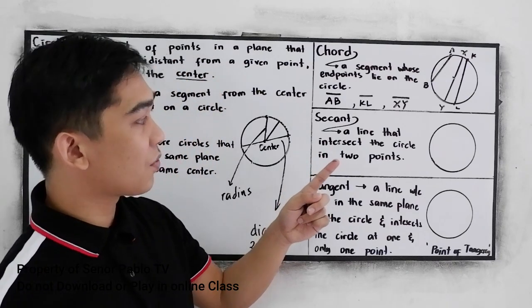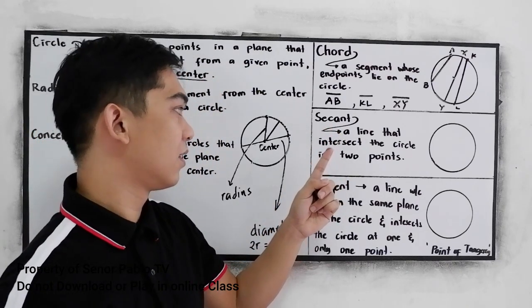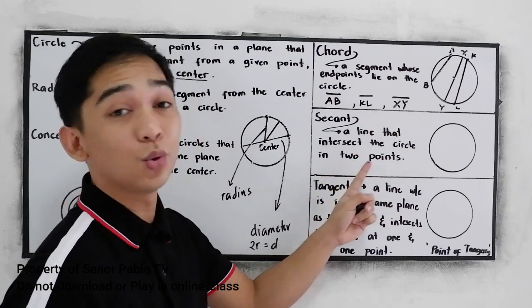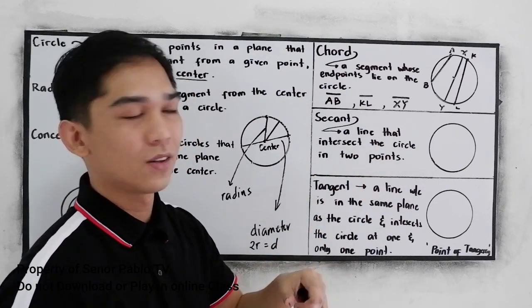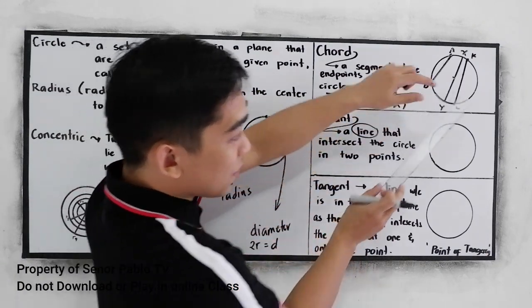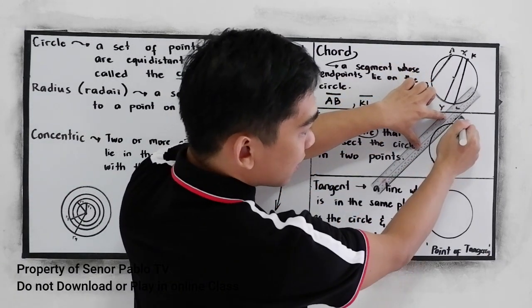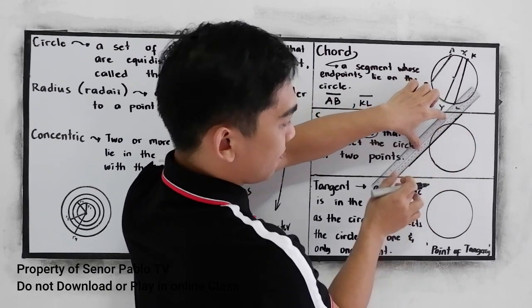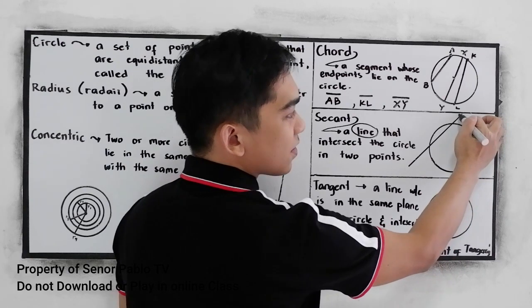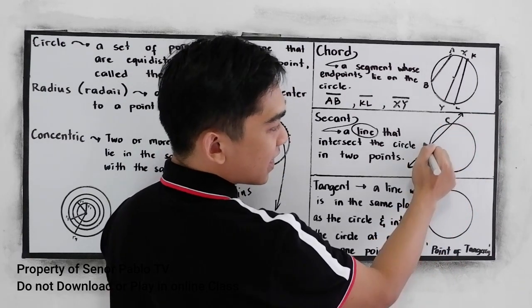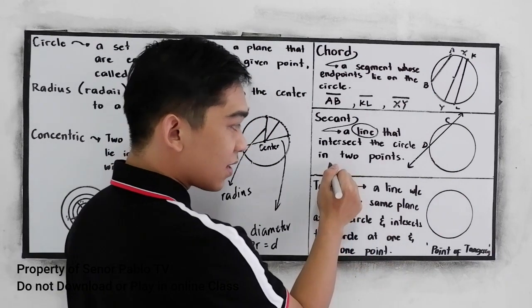You will also encounter the word secant. It is a line that intersects the circle in two points. So a line, that means it extends through the circle. Let us name the points C and D. So it is a line.